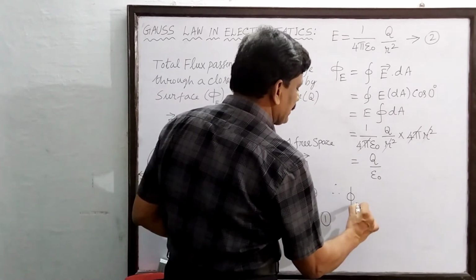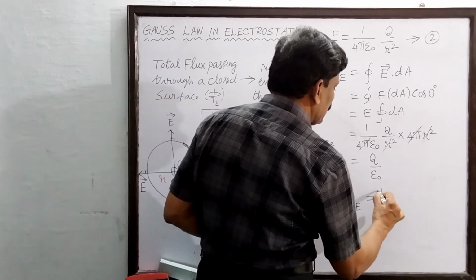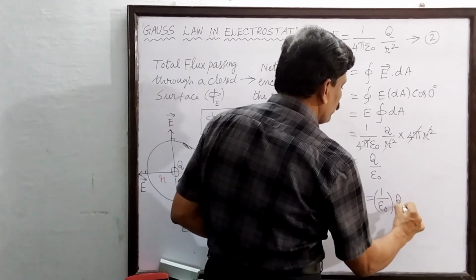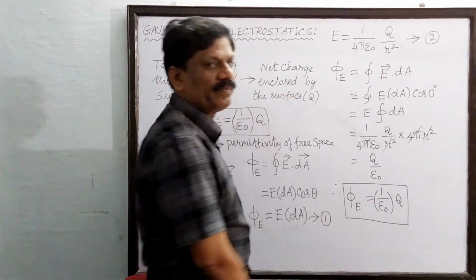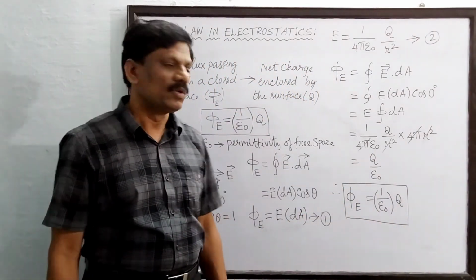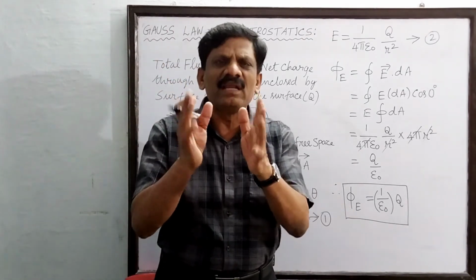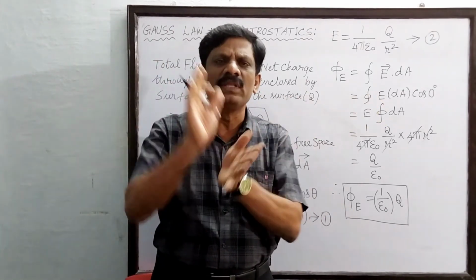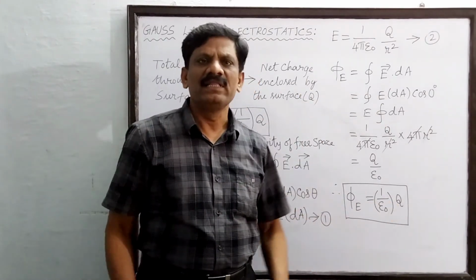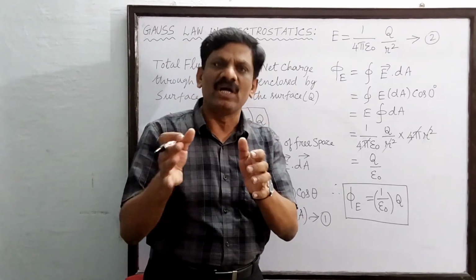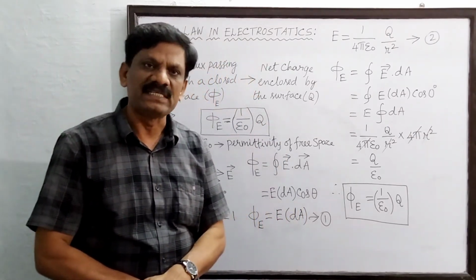Therefore, flux phi E is equal to 1 by epsilon naught times q. So this is the equation which we have derived now. Have you understood? What is on the left hand side is phi E, the total flux passing through the closed surface. And q is the total charge, or the net charge, enclosed inside the surface, which is called the Gaussian surface.